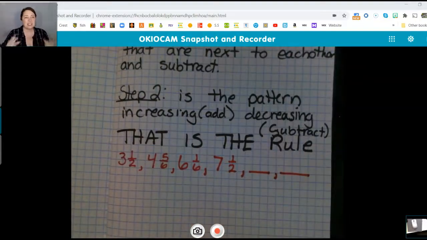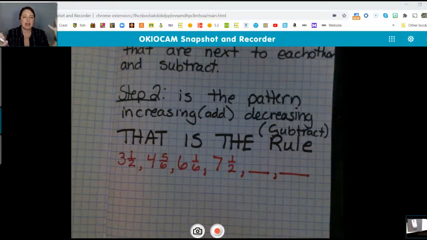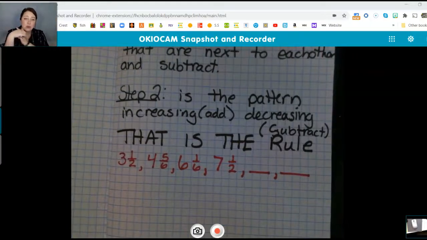And the question is, number 1, what is the rule? What's the pattern? Describe the pattern in the sequence of numbers. And then fill in the blanks. So apply the pattern. You can choose any two terms, any of them.